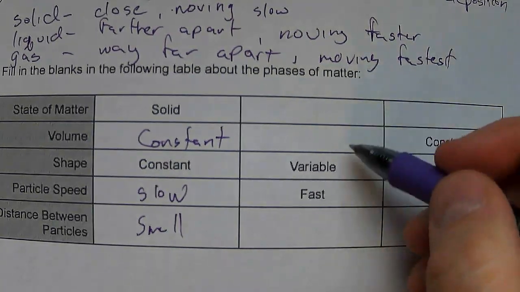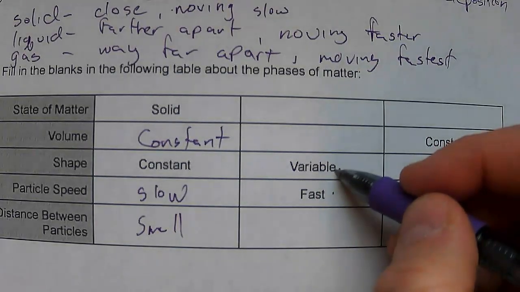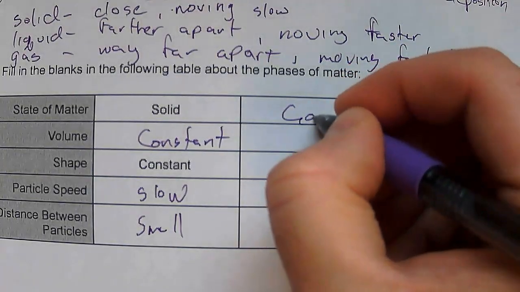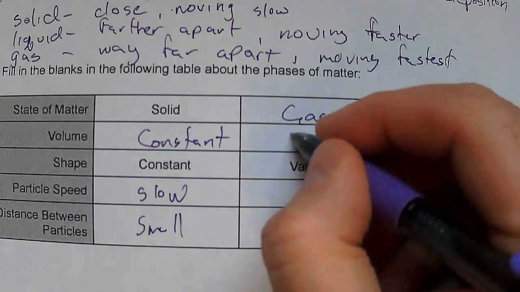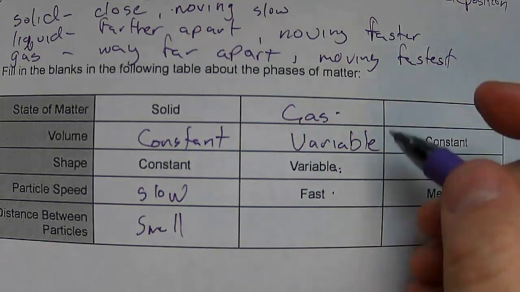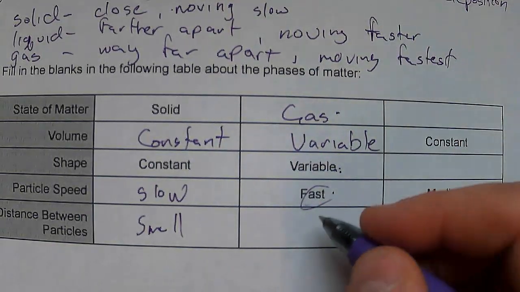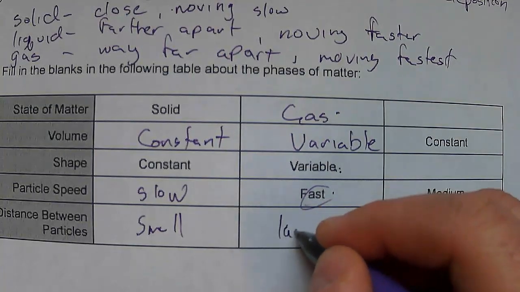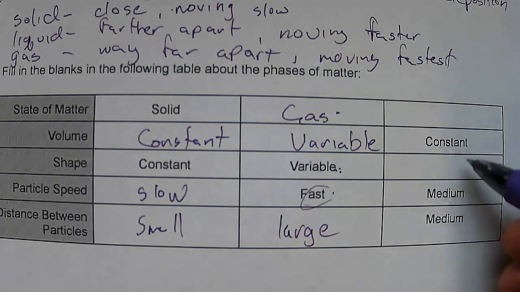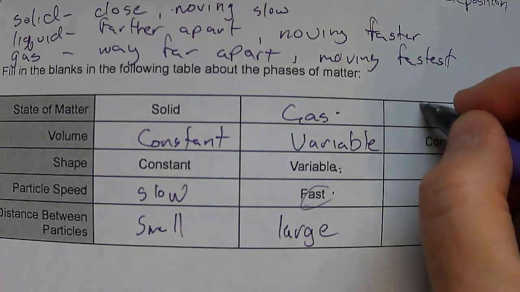Okay, so when the shape is variable here for the state of matter, we know that that's a gas. Okay, and the volume is variable. It can change with a gas. You can compress a gas. Okay, particle speed is fast. That's what we just described up here. And the distance between the particles is large. Okay, and everything that's medium or in between here, that's a liquid.